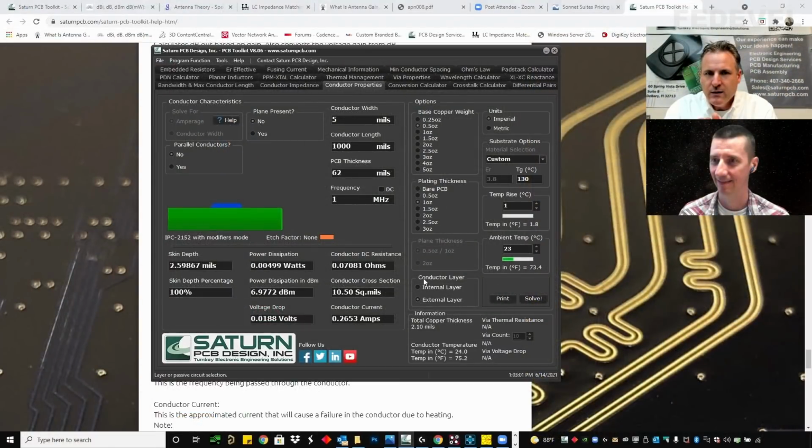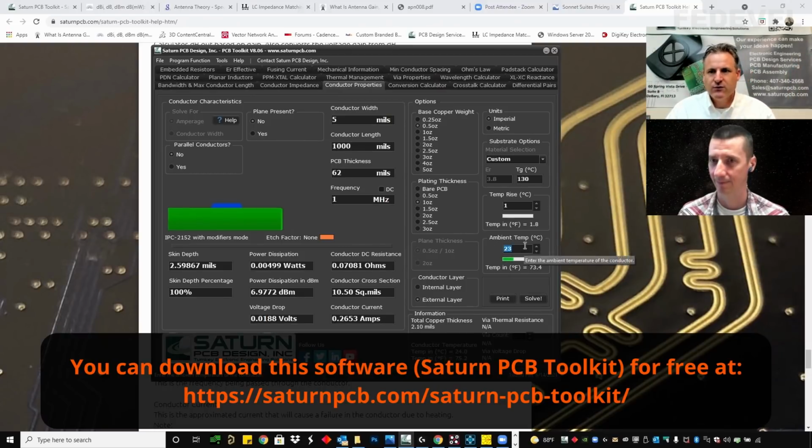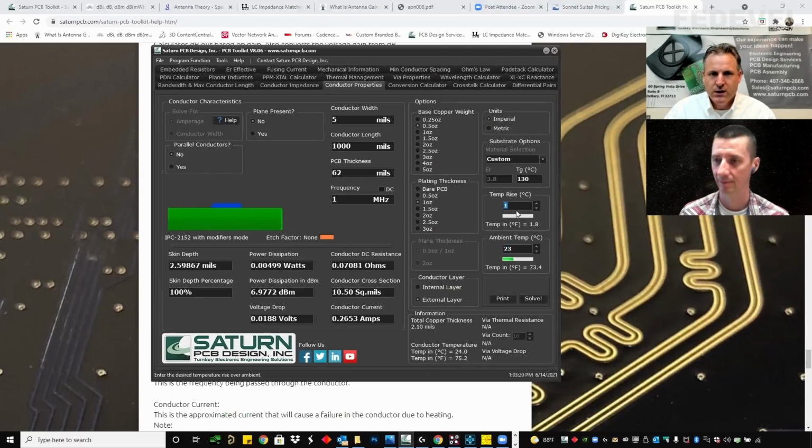What this is saying, a 5 mil conductor with an ambient temperature of 23 degrees Celsius in your room, wherever. The amount of current that it takes to raise that conductor 1 degree Celsius above ambient is 0.2653 amps.